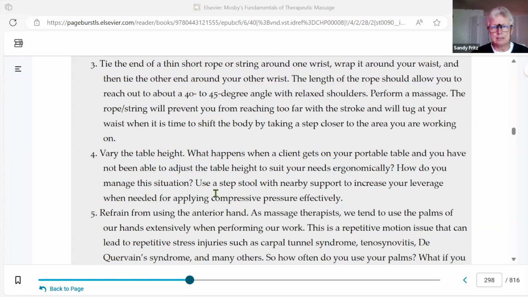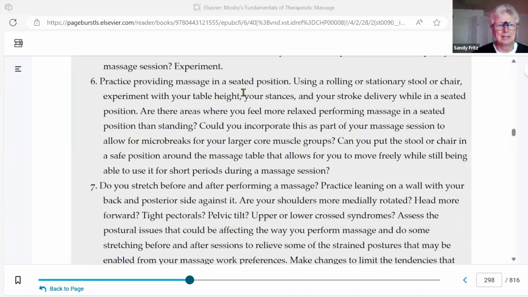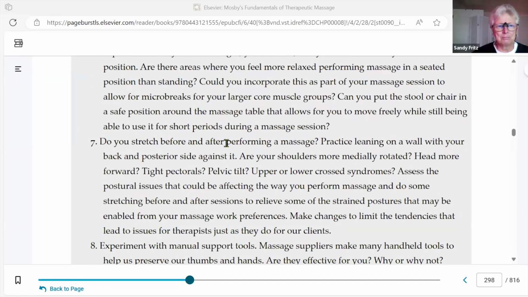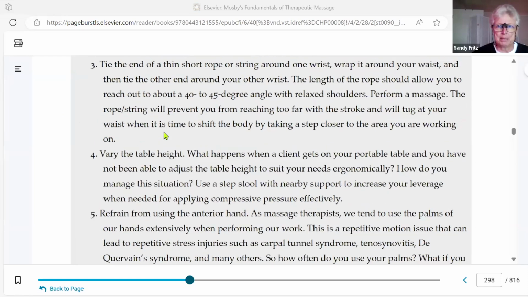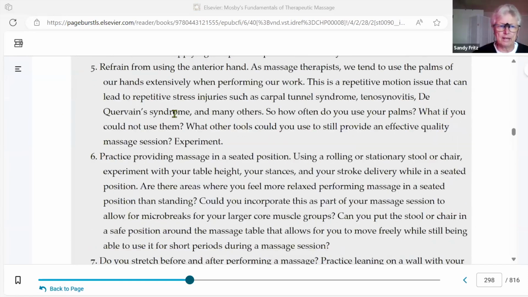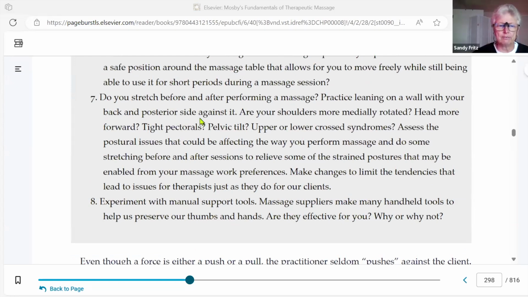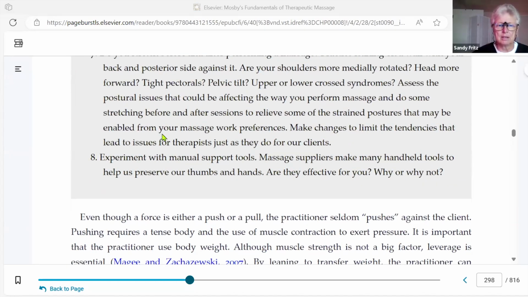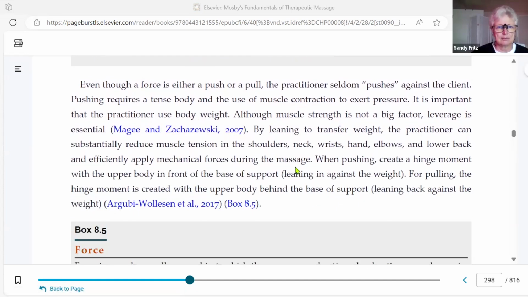If you don't have an adjustable table that'll go up and down, the client may need a stool to get up and down. So make sure you slow down and pay attention to this as you are self-evaluating, because this is an ongoing forever, ever, ever process, self-evaluating your ergonomics and your body mechanics.